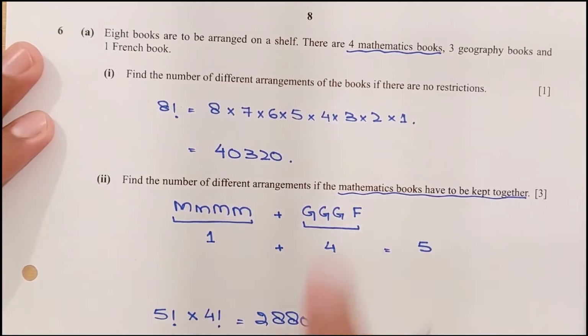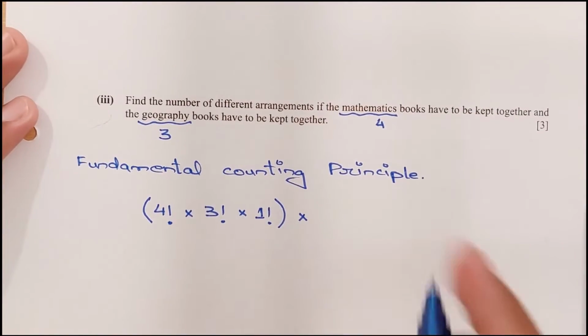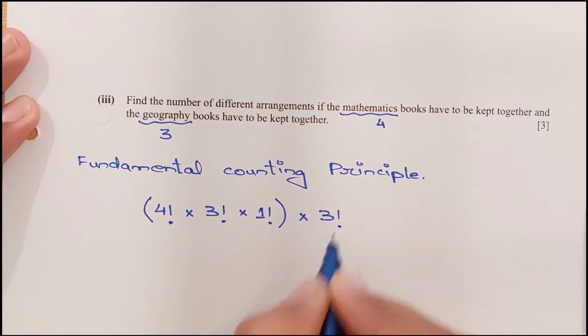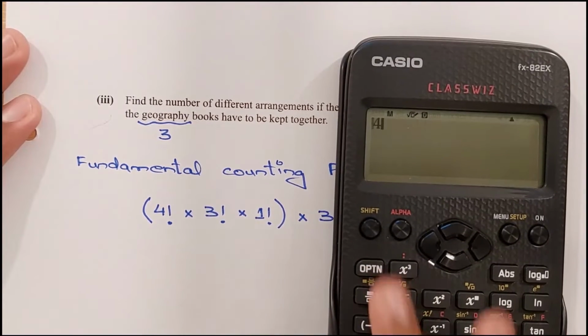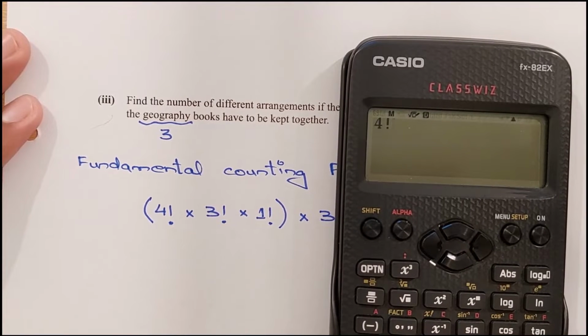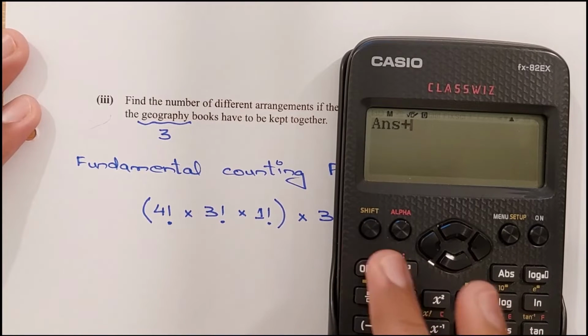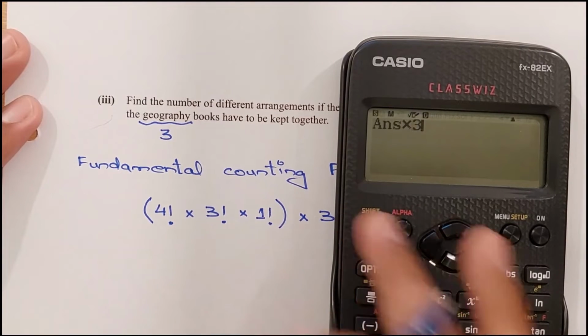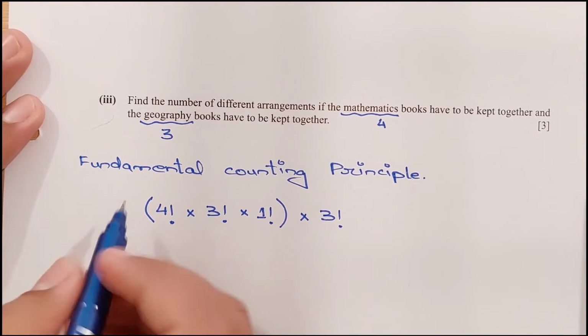There are 3 groups: mathematics, geography, and French, so we multiply by 3 factorial. Let me simplify: 4 factorial times 3 factorial times 3 factorial. This is 864 ways.